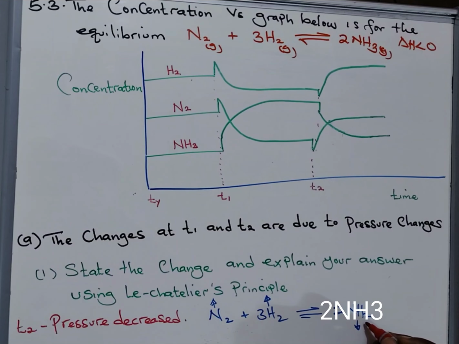The direction is from low to high, so it's reverse. And you have to remember, how many moles are here? 4. How many do we have this side? 2. So the shift is from lower number of moles to high number of moles. And that shift is accompanied by decrease in pressure.